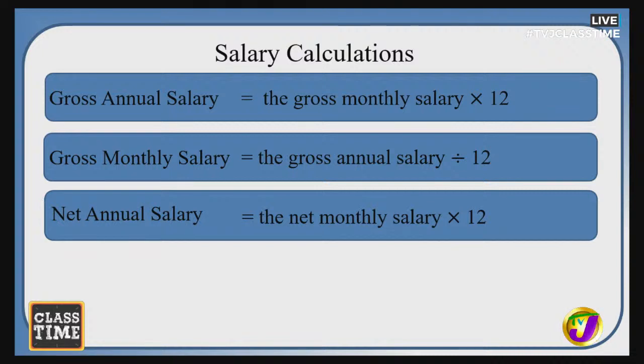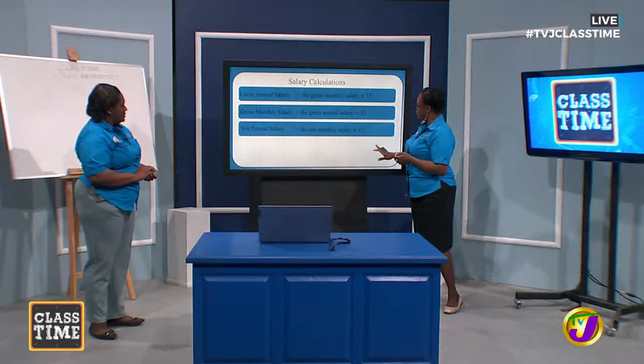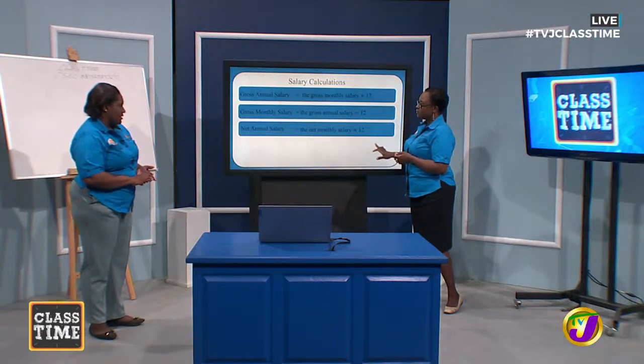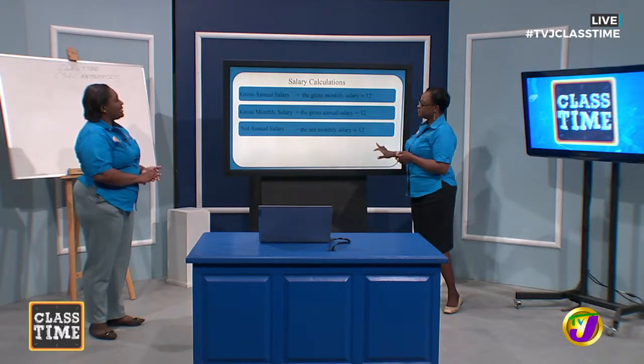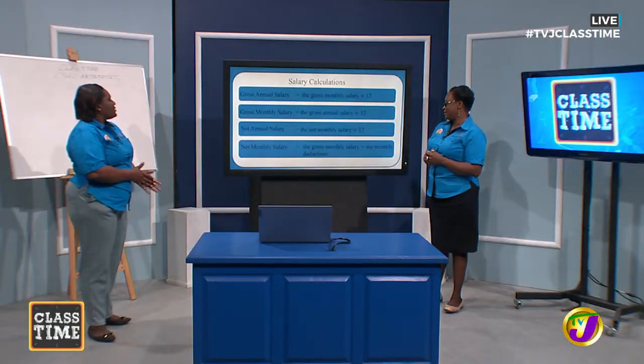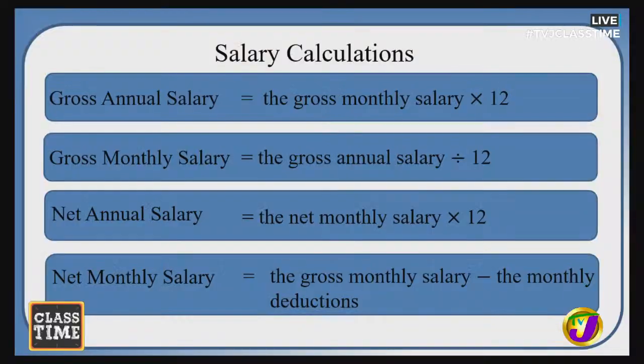Okay, fair enough. And if there is a net annual salary, then there is also a net monthly salary. Yes, which is right. So your net monthly salary would be the gross monthly salary subtracting the monthly deductions. And this is what we're mostly preoccupied with, because that tells me my spending power.